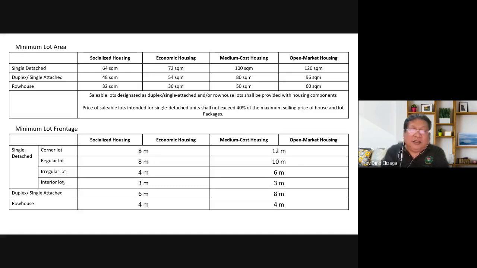So the frontage differs. If you notice, the row house is only 4 meters, and then duplex 8 meters. The regular lot is 10 meters.